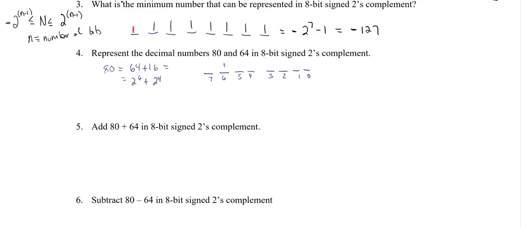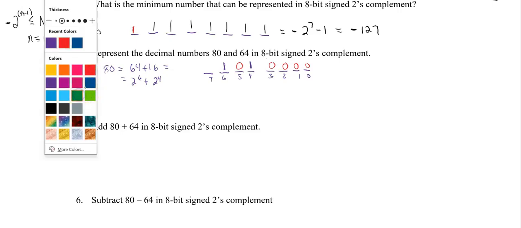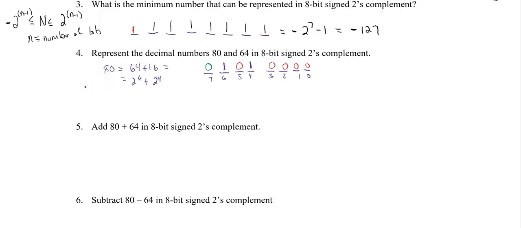That's a 2 to the 6, we'll put a 1 there, and our 2 to the 4th, we'll put a 1 there, and everything else gets a 0. And since it's positive, the sign bit becomes a 0. So that's a positive 80 in signed 2's complement.